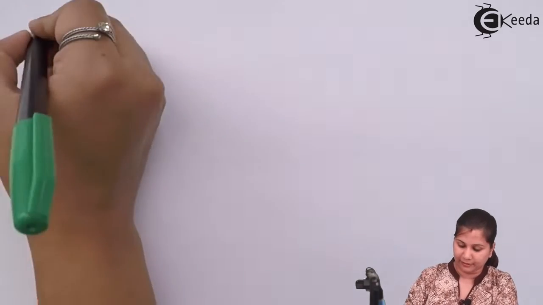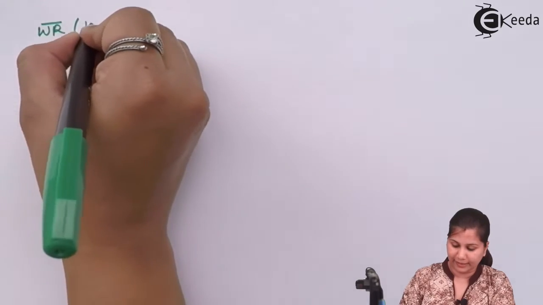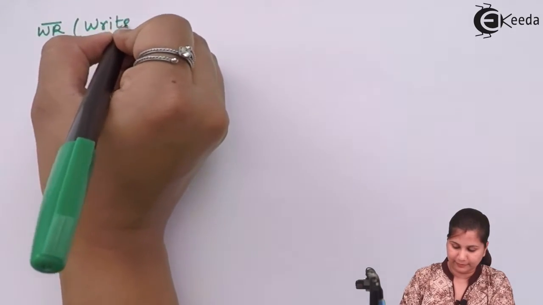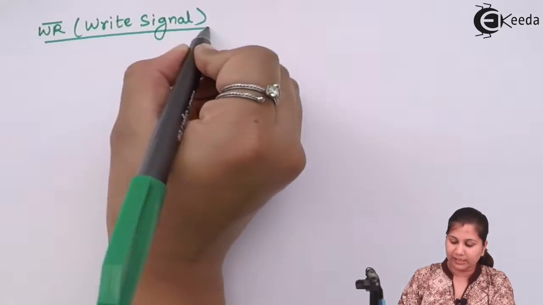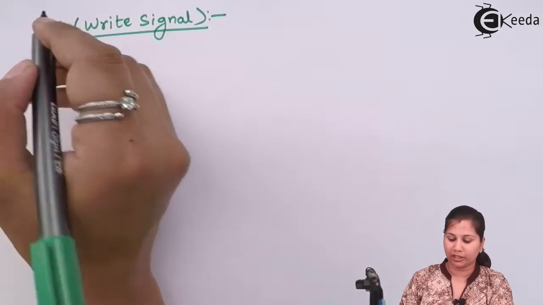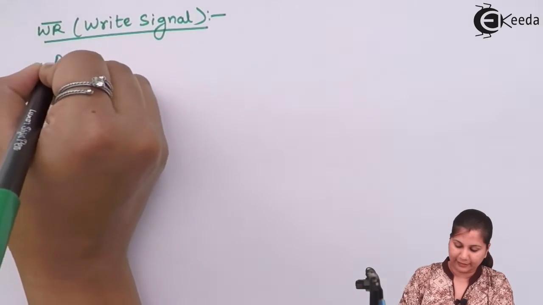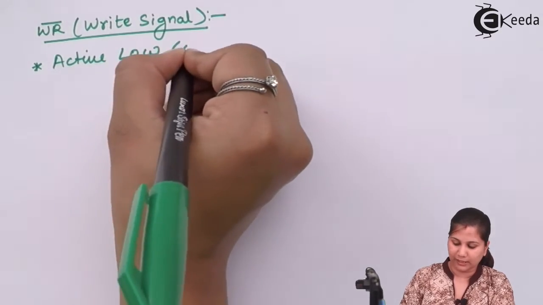Next we have the write and the read signal. WR bar is the write signal. This signal is also an active low signal, it has a bar over it, so we can say that it is active low. It will be active when its value is 0.